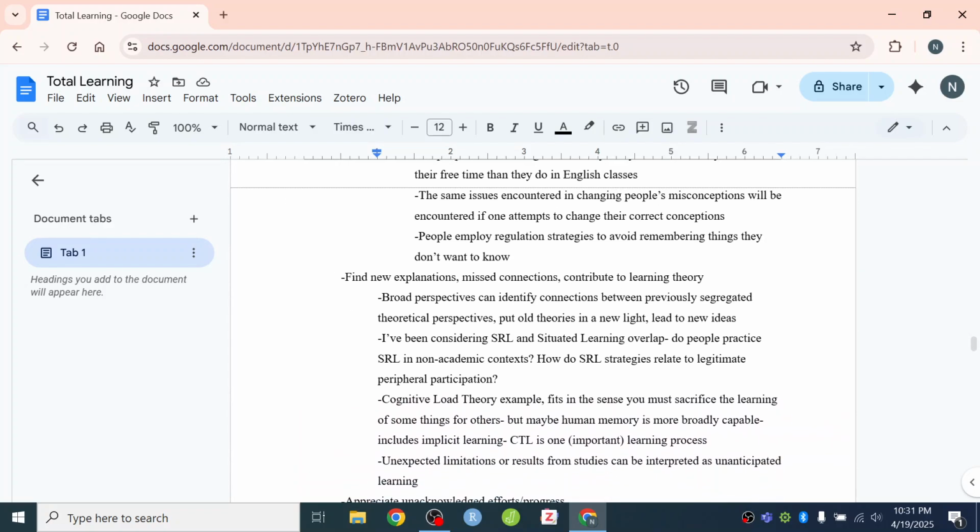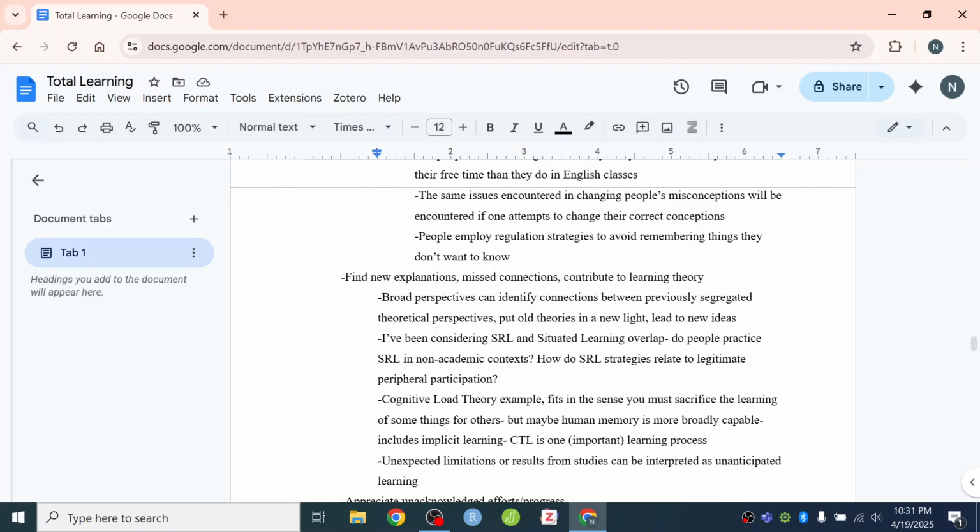We can give the example of cognitive load theory reframed within the total learning framework. It fits in the sense that it says that you must sacrifice some forms of learning for others, extraneous versus intrinsic load.